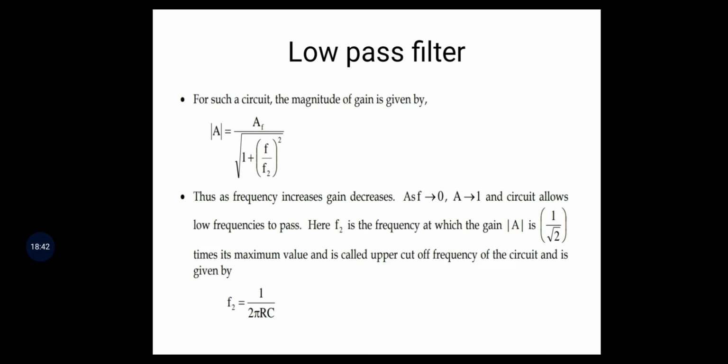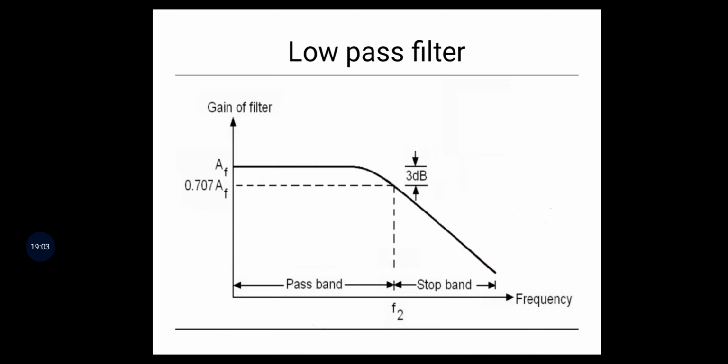Here Fh is the frequency at which the gain mod A equals 1 by root 2 times its maximum value, and is called the upper cutoff frequency of the circuit, given by F equal to 1 by 2 pi RC.